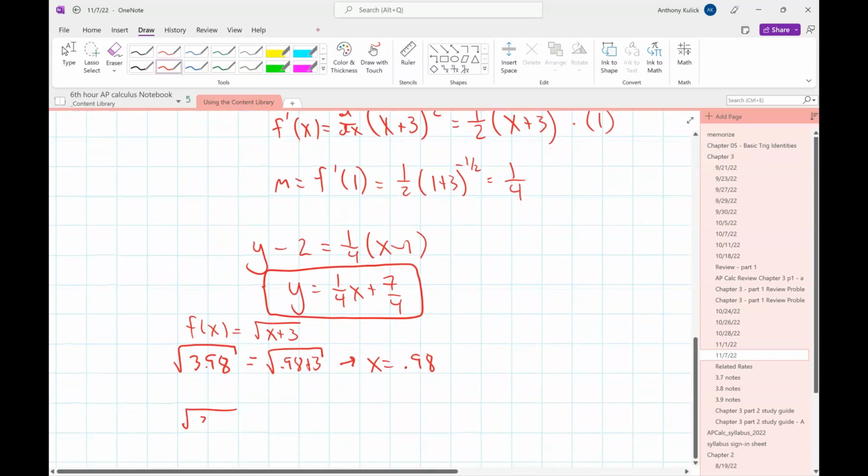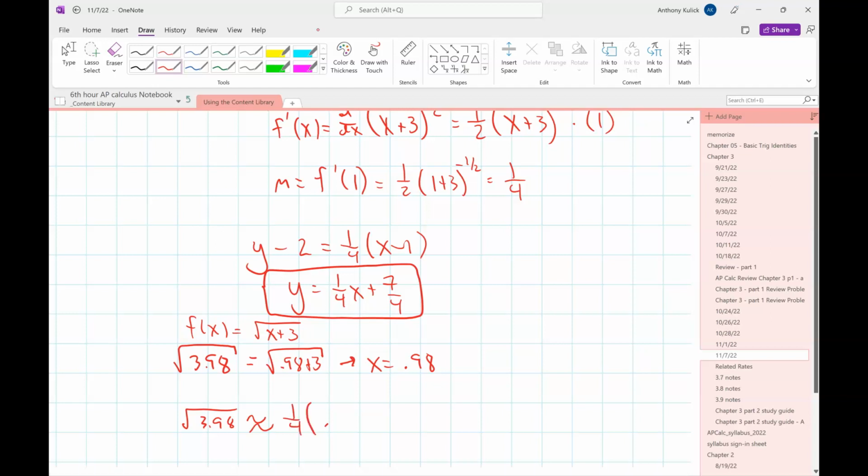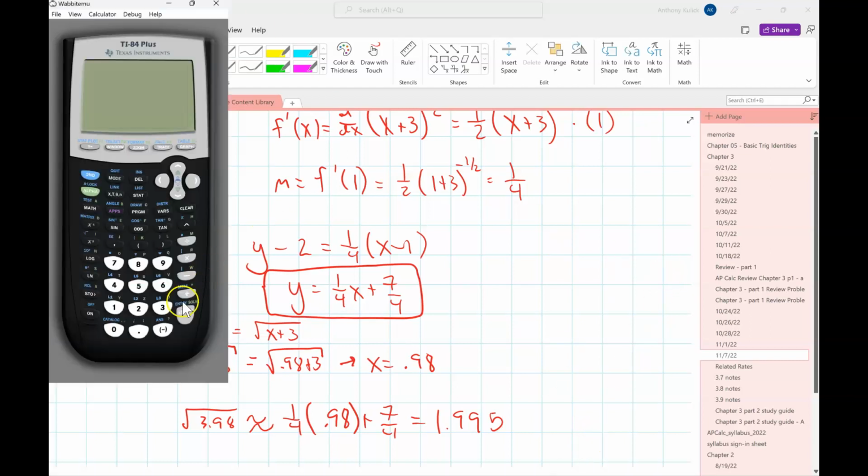So the square root of 3.98 will be approximately my linearization with 0.98 plugged in. And when I type into my calculator, I get exactly 1.995. And just for grins, the actual value. Pretty good, right? Pretty good approximation.